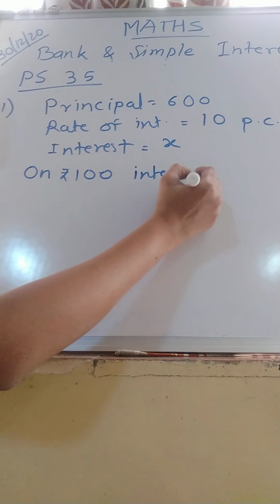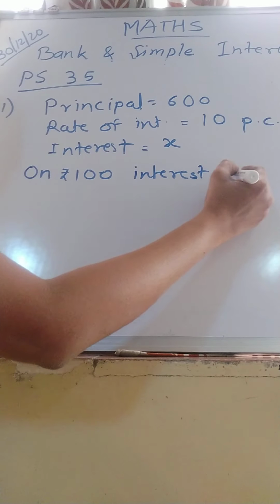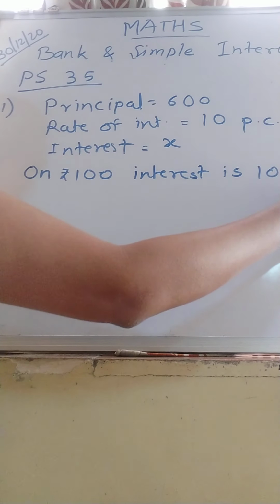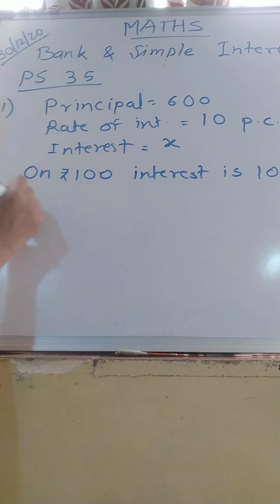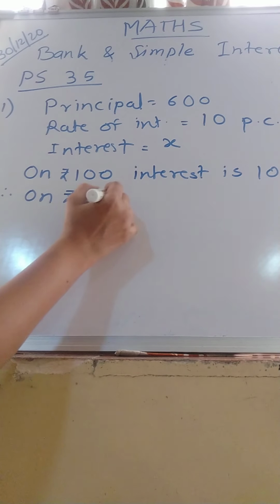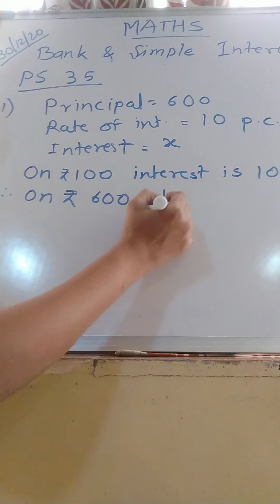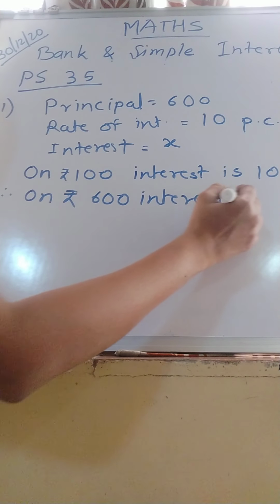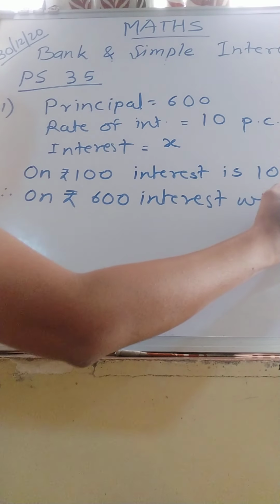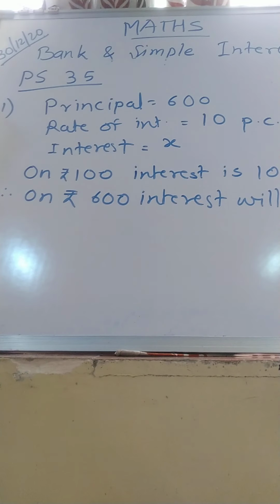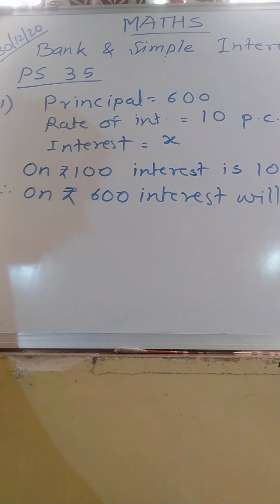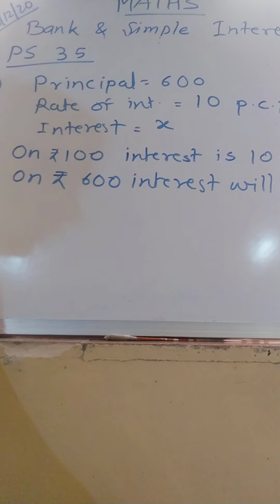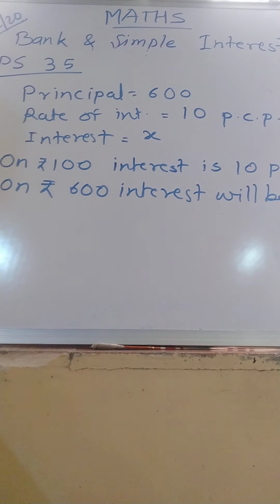interest is 10 PCPA. Therefore on rupees 600, interest will be X. On 600 rupees, interest will be X, right?